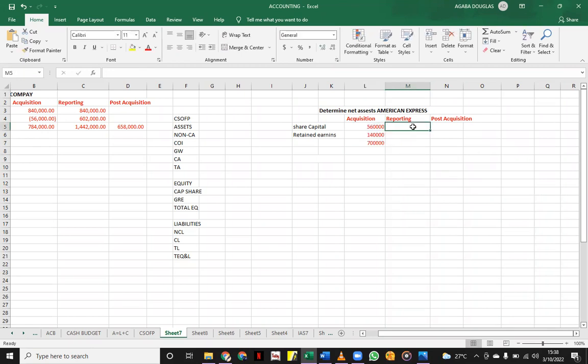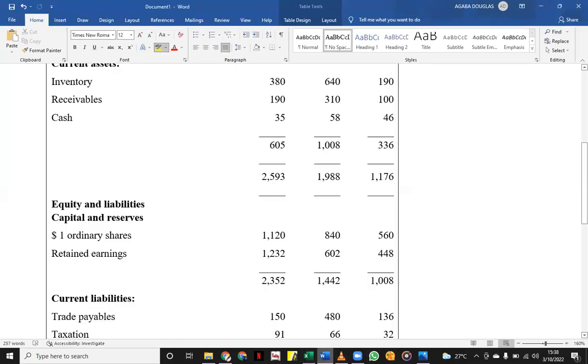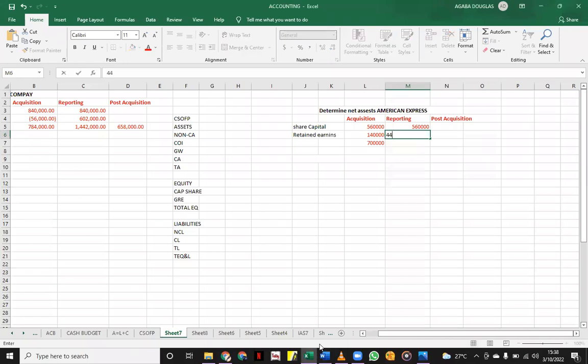And then at the reporting date, we still have the same share value. And then what do we have as our retained earnings for the associate? We have 448,000. Then we'll get our total at the reporting date so that we can know if we had a loss or profit. So we have 1,008,000 shillings.